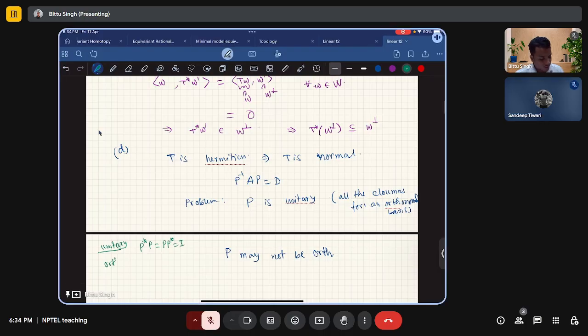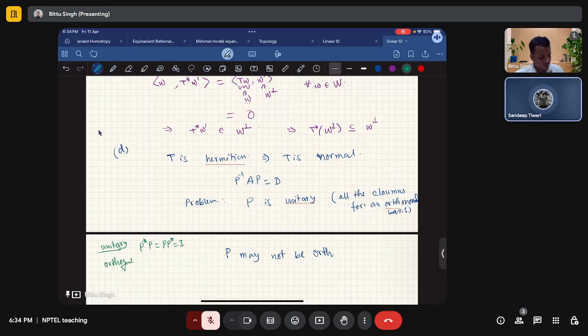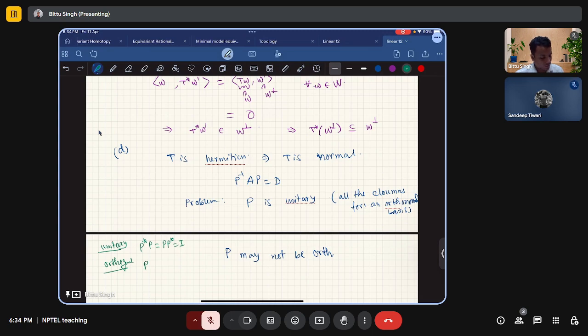But orthogonal only means P transpose P is the same as PP transpose, which is the identity. That notion is very confusing, because we say the columns are orthogonal, but we don't call it an orthogonal matrix. We call it a unitary matrix because we also take the conjugation, P star P.